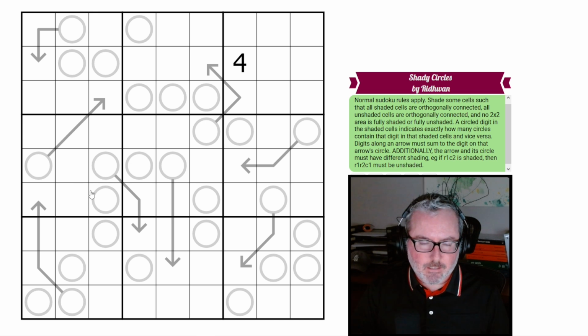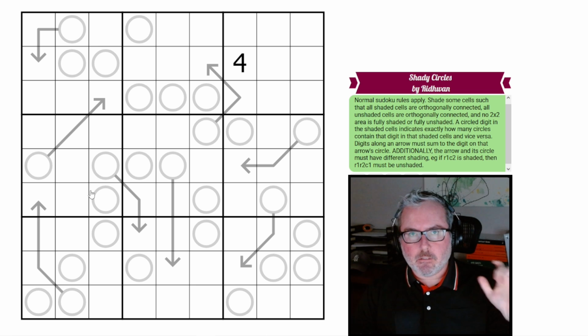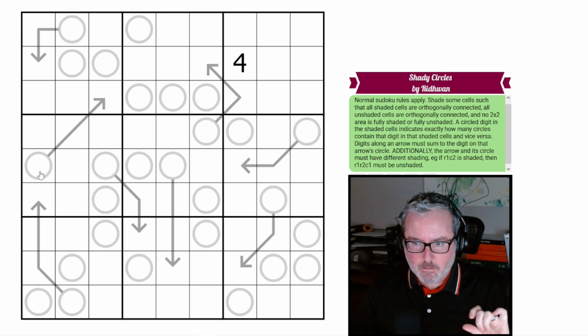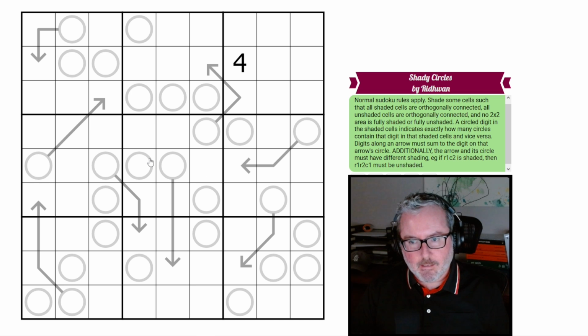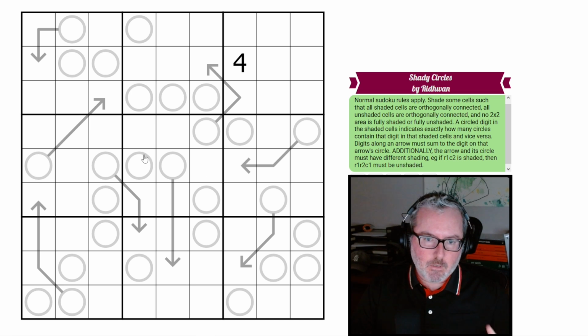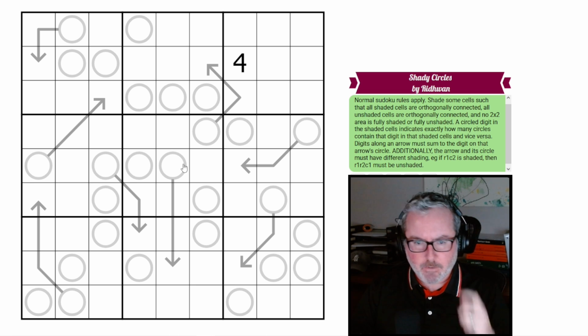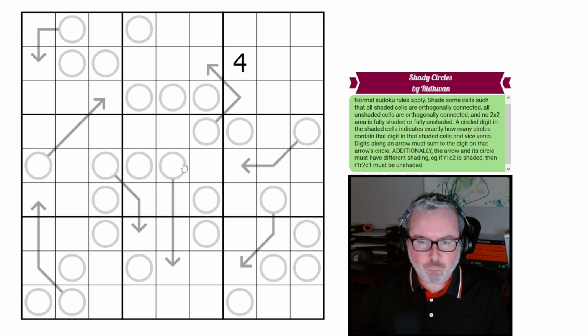I don't know that it is, because normally when we have counting circles, it doesn't matter about the shaded and the unshaded, and there's only one grouping of circles. This has both shaded and unshaded, so the counting circle is going to be divided into 2 different groupings. So I don't know that we can necessarily care too much at the moment as to how many circles there are. But if we get to that point and have to go down that road, we will.